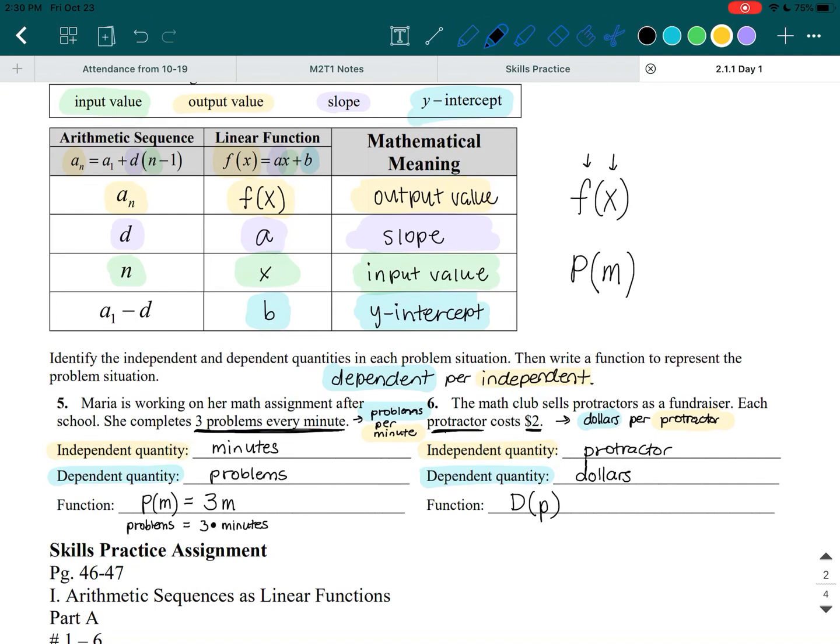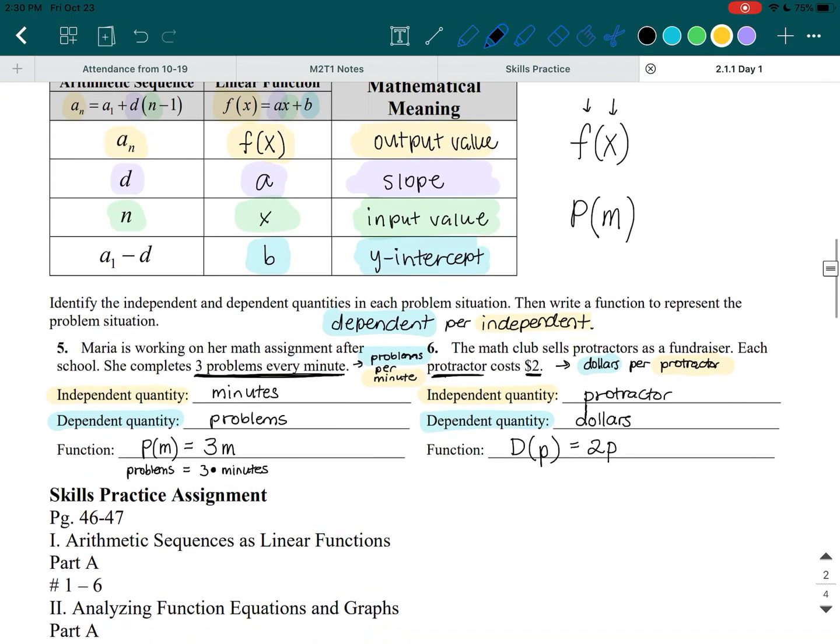So D depends on P. The dollars depends on the protractor. This is going to be equal to, well, each protractor costs $2. So 2 multiplied by P. And so what this function says is that the dollars that she's going to spend is equal to 2 multiplied by the number of protractors that she buys.